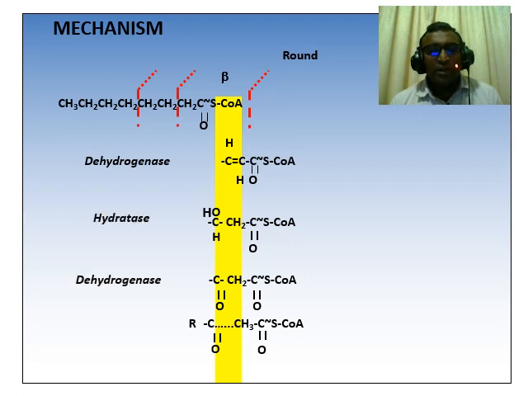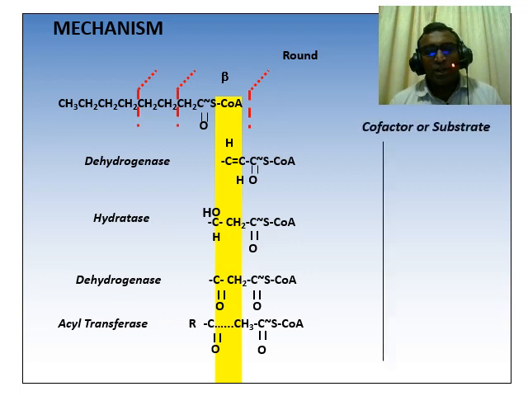You also have the hydratase, dehydrogenase, and acyltransferase. The cofactors or substrates involved in this 4th step include FAD becoming FADH2. You also need the substrate water for hydration, NAD plus, as well as the last step using coenzyme A.